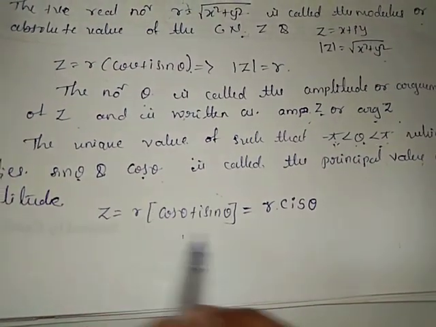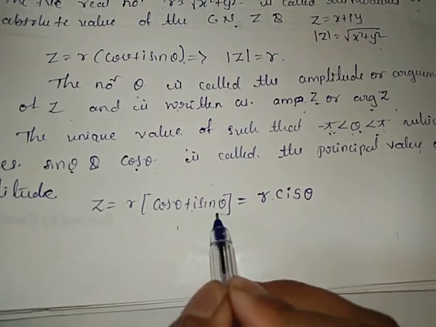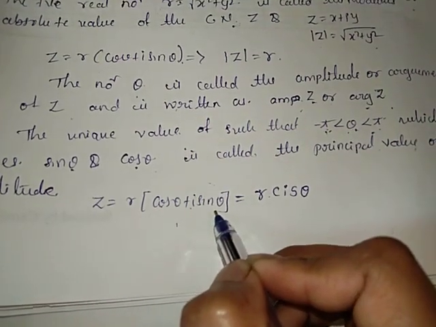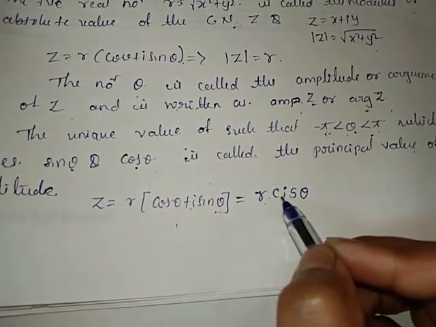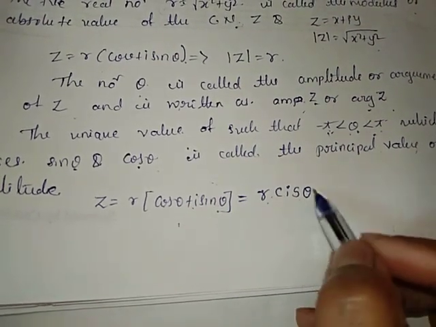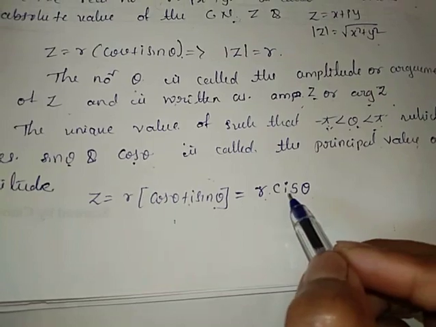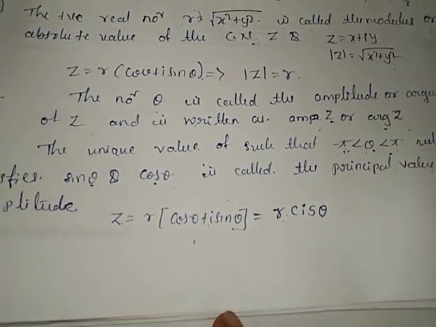The representation r into cos theta plus i sin theta is written in the form r cis theta. It will be called cis theta.